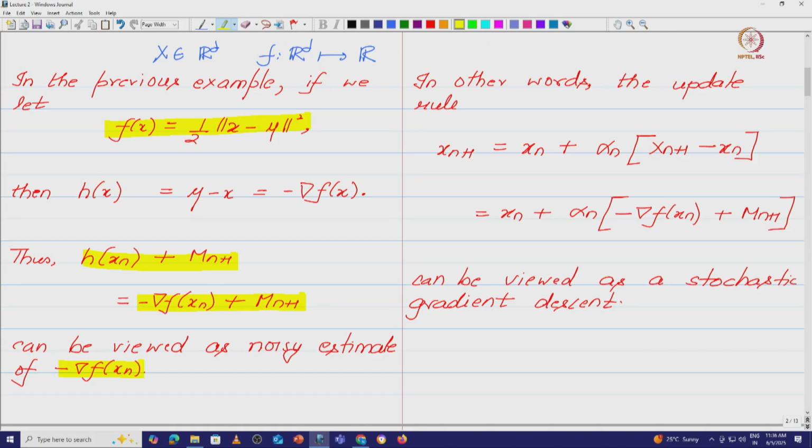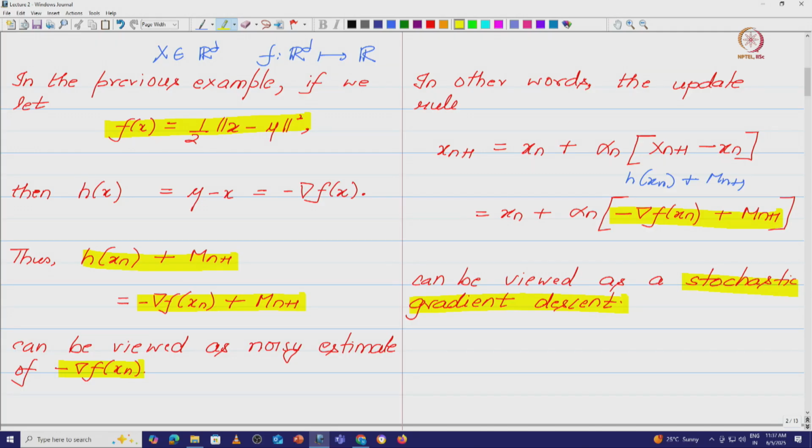In other words, the update rule x_{n+1} equals x_n plus alpha_n times (capital X_{n+1} minus x_n), which was this h(x_n) plus M_{n+1}, actually equals minus grad f of x_n plus M_{n+1}. Thus this update rule can actually be viewed as a stochastic gradient descent with regards to this function f.